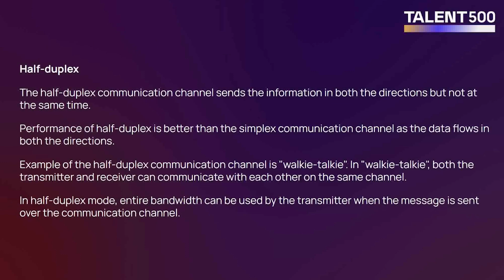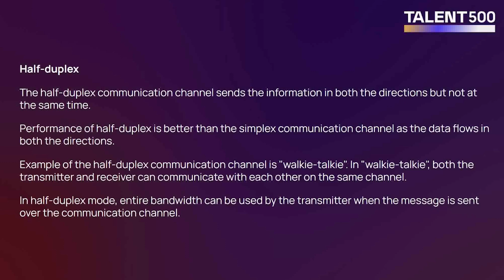Moving to the next, which is half duplex. Now what is half duplex? The half duplex communication channel sends information in both directions, but not at the same time. For example, half duplex communication could be a walkie-talkie. In a walkie-talkie, both the transmitter and receiver can communicate with each other on the same channel. At a moment, only one direction is active.